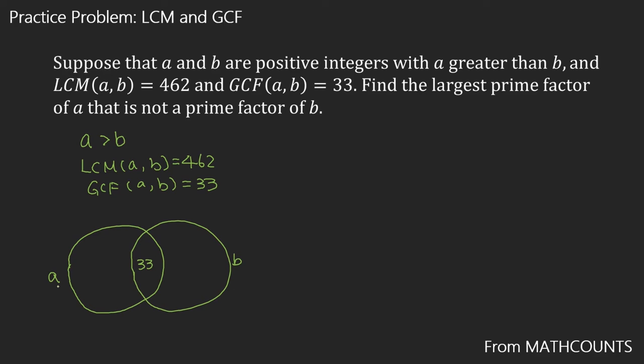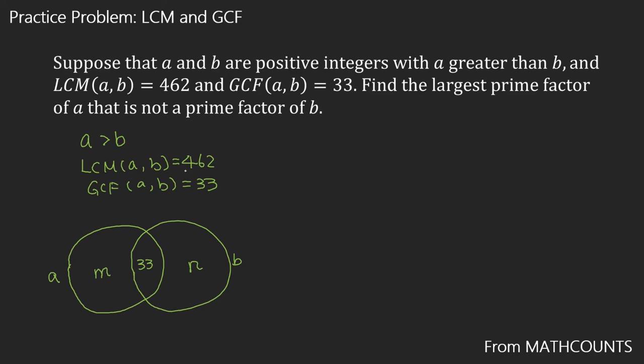Okay. Now a will have some prime factors that are only unique to a, and let's denote that with M. And similarly, b will also have some prime factors that are only unique to b, and let's denote that with N. So from the Venn diagram, the LCM is equal to M times N times 33.